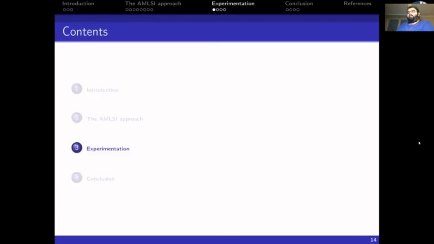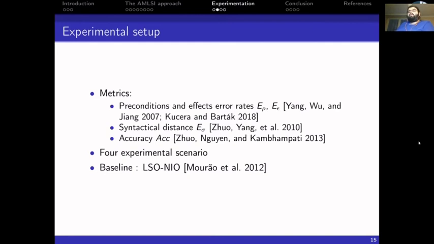Now, we'll present our experimentation. To test AMLSI, we use 4 metrics: error rate for preconditions and effects, the syntactical distance, and the most important, the accuracy. Error rate and the syntactical distance are syntactical measures, and the accuracy measures the ability of the learned domain to resolve new problems.